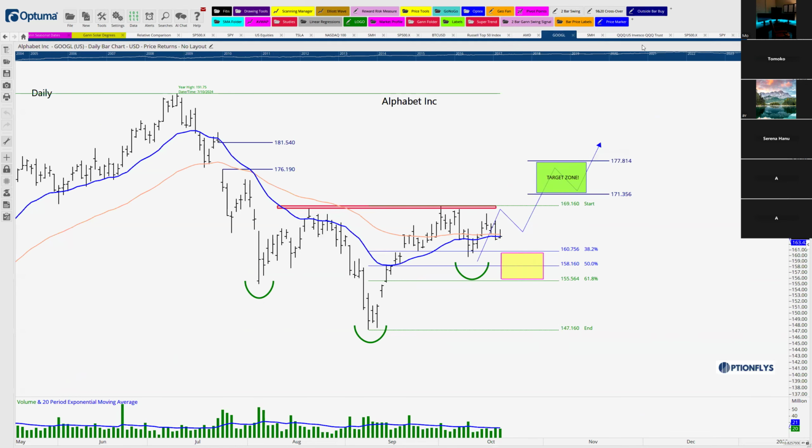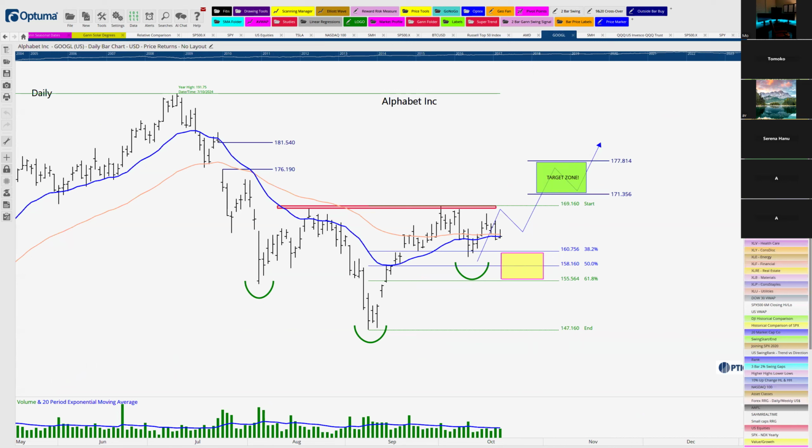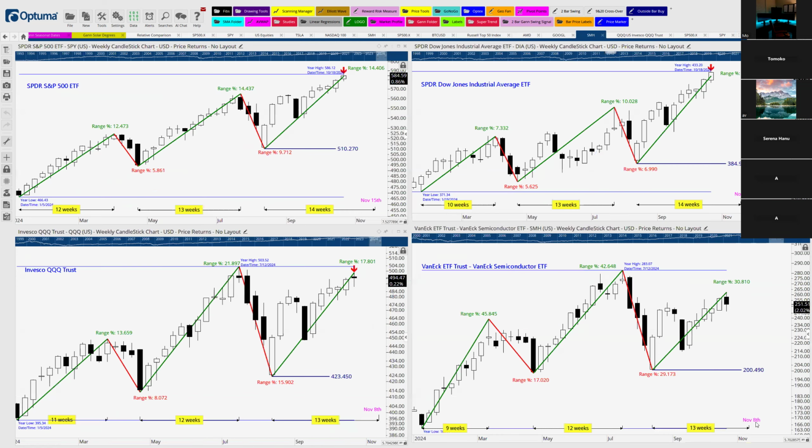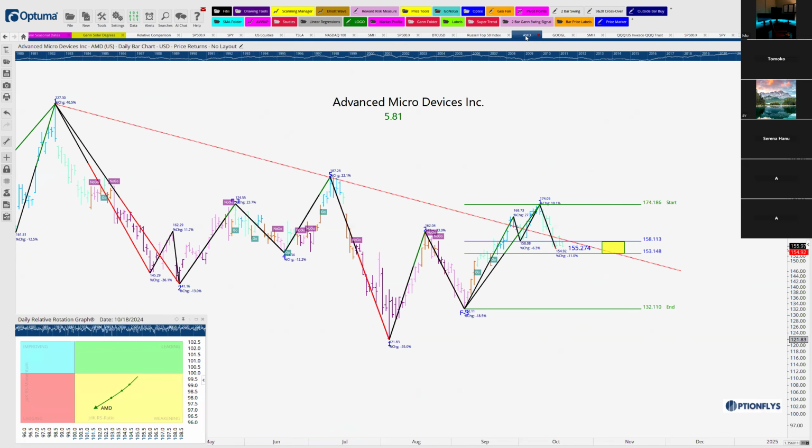Where's my image chart? Come on, work with me. What's going on here? Oh, it's EMD.